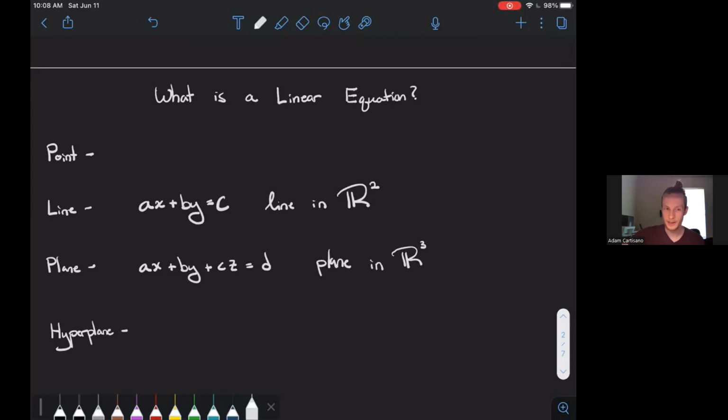We've actually seen another one. ax equals b. This is boring because it's really just asking x equals b over a. In other words, this is just a point on the number line.